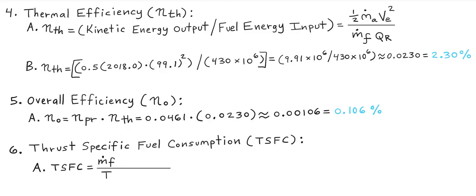Again, we'll apply m dot sub F over T, and this practically turns into 10 divided into 200,000. So we yield an answer of 5.00 times 10 to the negative 5th power kilograms per Newton second.